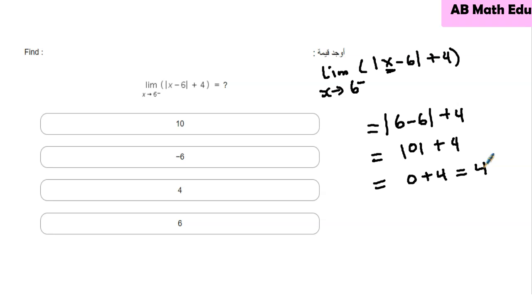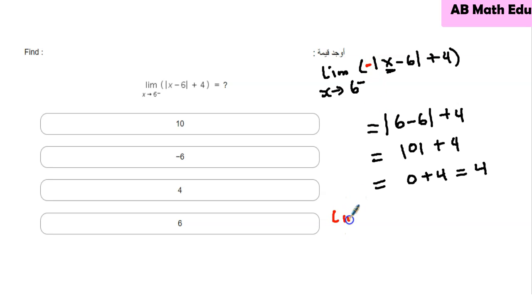That's one way. If you also want, since it's approaching from the left hand side, here is negative. So once we remove the absolute, here is going to be negative.